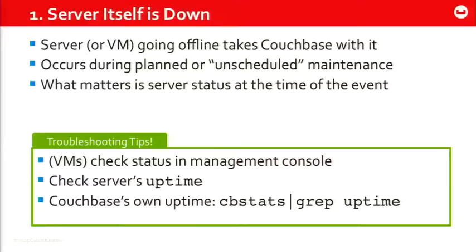And one of the diagnostics we ran is the uptime on the server to see how long the server has been in operation. And lo and behold, the server's uptime completely matched the time at which they discovered that the Couchbase node had gone down. At which point there was a dawning realization on the customer, and they said, it looks like we've performed some unscheduled maintenance on this particular server. So the point here is the first scenario, a very, very straightforward, very obvious one. Nodes go down because the server itself has gone down.